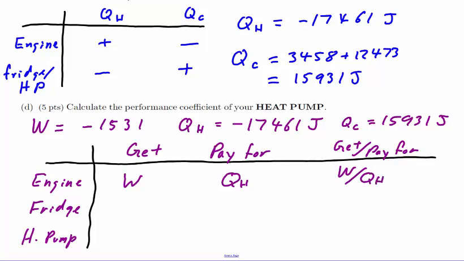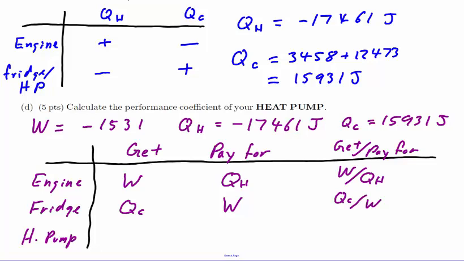Next, we built a refrigerator, not for the purpose of using electricity, but for the purpose of cooling our food. As a result, what we get from our refrigerator is Q cold. What we pay for it with is the work taken in the form of electricity from the wall, and so the performance coefficient of what we get over what we pay for is going to be Q cold divided by the work.